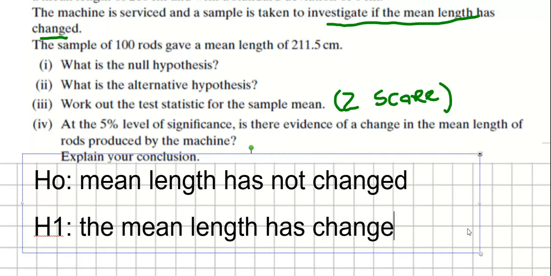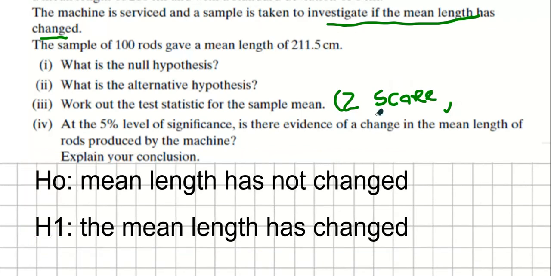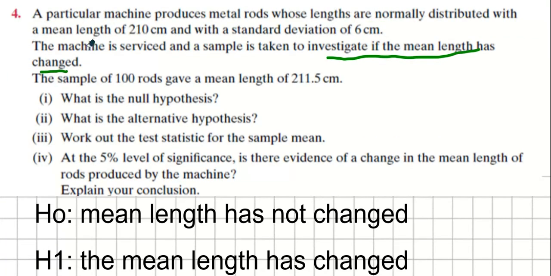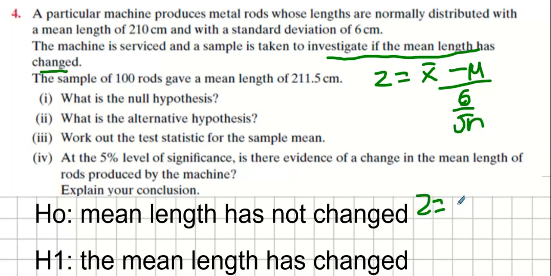Okay. Work out the test statistic. Will everybody try Z for this? Z equals X bar, take away mu, divided by sigma over root n. Now, what's X bar? X bar is the mean of the sample we took.